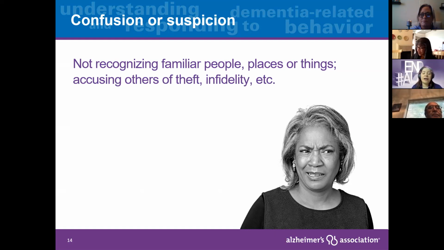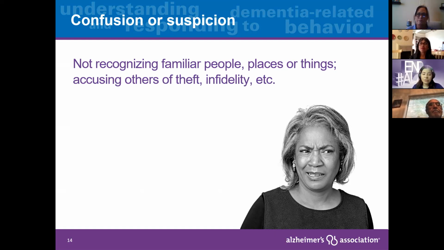Infidelity could also be one of those things that happen. If you put that in context, think about it like this: if you no longer recognize your loved one, if you're not recognizing the affection or the connection that you have with them, that does cause some distrust in the relationship, and that's natural.